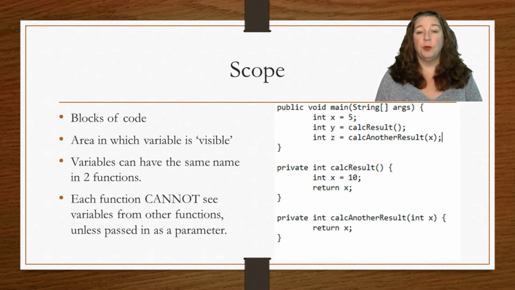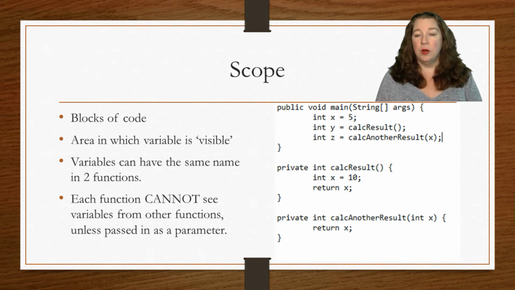If you are in your private int calc result, the variables x, y, and z from main are not visible at all. You can pass a value as a parameter. In my private int calc another result, I can pass an integer x and then use it therein. That is a completely different variable than the x that is up in my main.